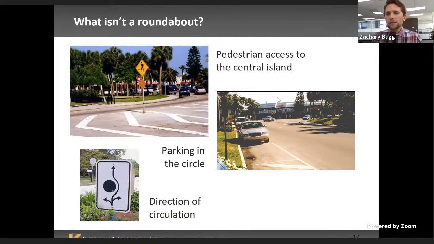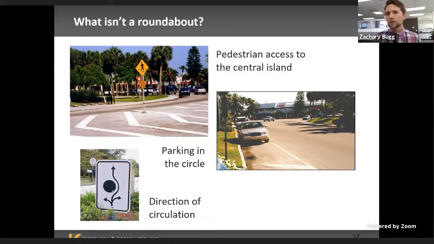Yeah, I think it really comes down to all of those things and what we would call driver expectancy. As you're circulating through the roundabout, you know that you have the right of way. All the traffic on the entering legs is yielding to you as you exit or circulate the roundabout. So having to come to a stop in a yield condition to other users is counterintuitive within that geometry of the central island.